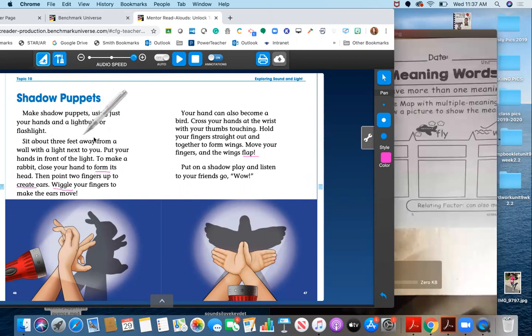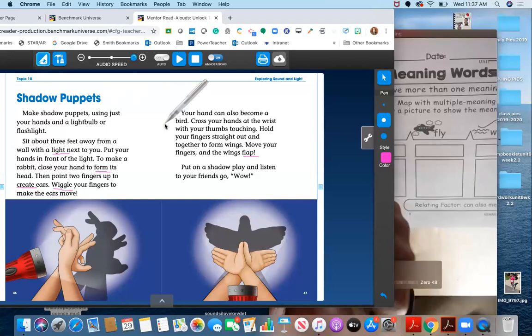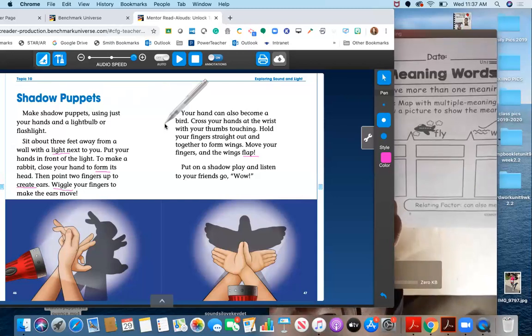Sit about 3 feet away from a wall with a light next to you. There's the word light. And in this text, it does not mean something that weighs less. It is talking about a noun. So on this page, I'm going to draw an example. You need a light, so I'm going to draw a light bulb.